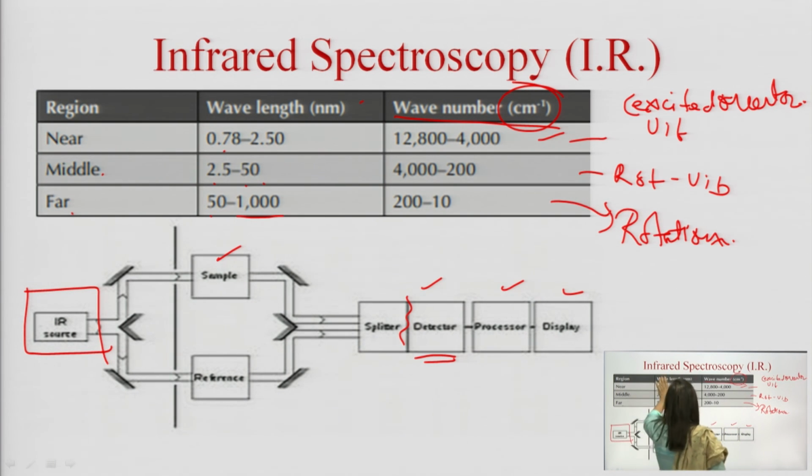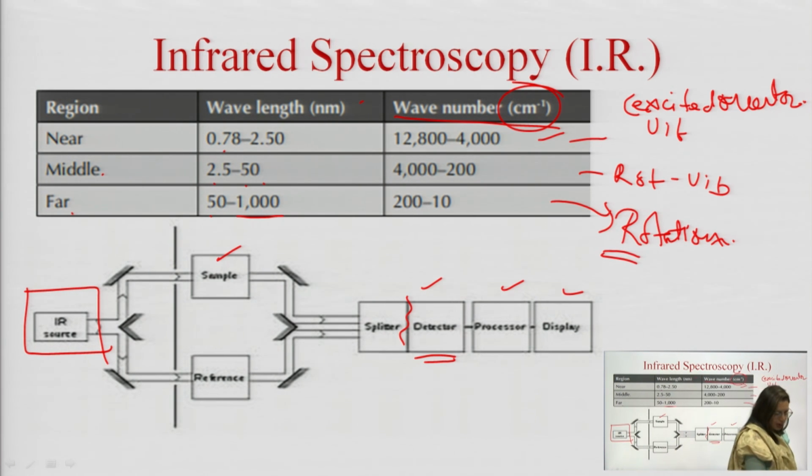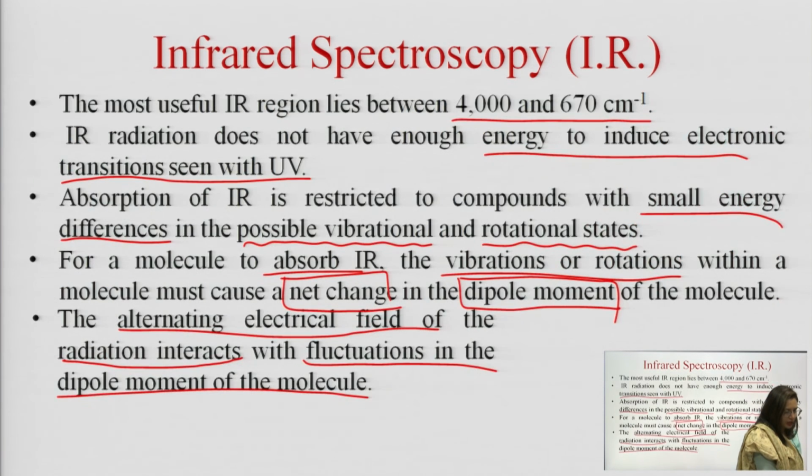So, the near infrared gives an excitation of vibrational overtones to the molecule or complex mixture. The middle one shows intermediate rotational and vibrational change, while the far infrared is of low energy and shows the rotational changes.